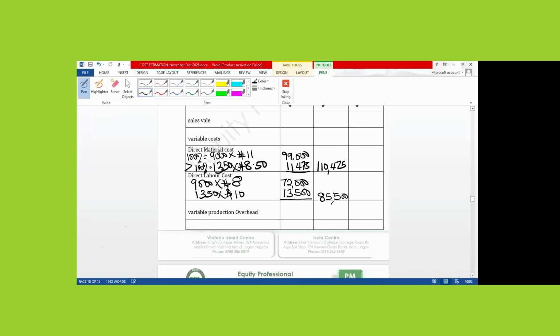Correct. You are done with the labor cost.